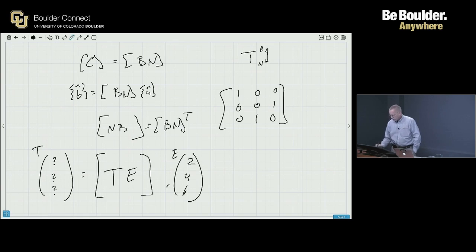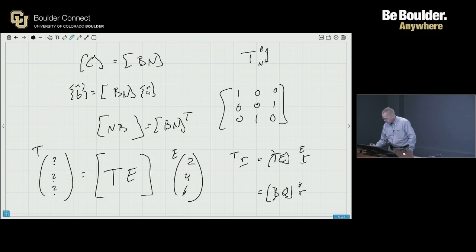But that's it. So with the 2-letter notation, if I have a vector expressed in E, I need the TE matrix to get that vector in T-frame components. If you ended up with, let's say, BQ, and this is R in B frame, right? And you claim in a paper that's RQ, this should raise lots of warning bells.